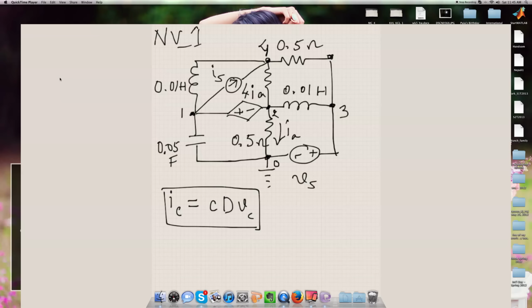The next one is from Faraday's law, which gives us the voltage across an inductor as L dIL/dt. And we can recover the current through the inductor by inverting the differentiation. Namely, I sub L is equal to 1 over L D to the minus 1. Notice D to the minus 1 is the inverse process of differentiation, so primarily it's integration. So we are looking at Faraday's law in this form.